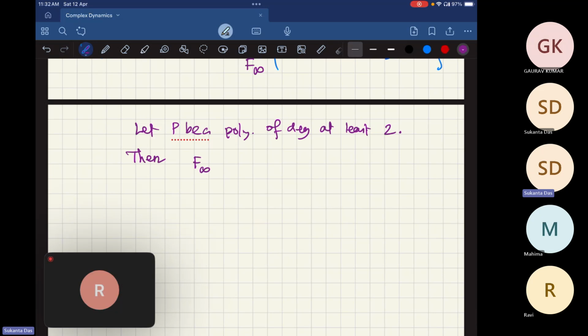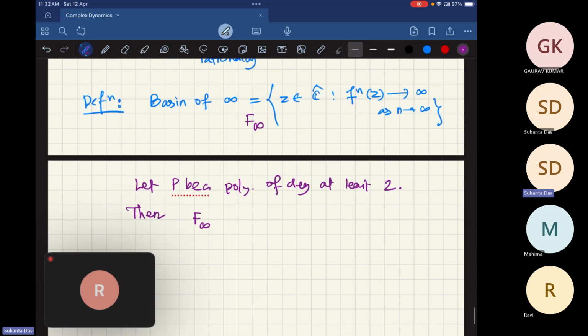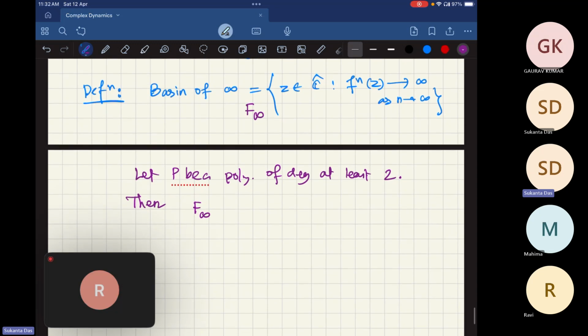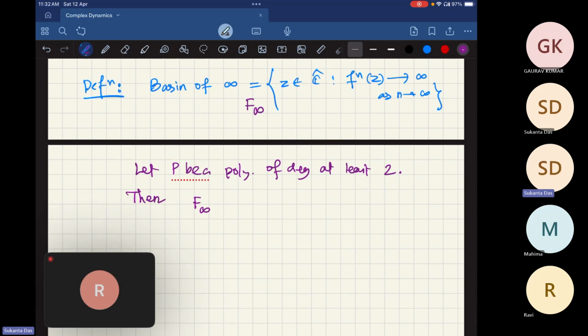That is the set of points which are going to infinity under the iteration of a polynomial. This set, the basin of infinity, is completely invariant.